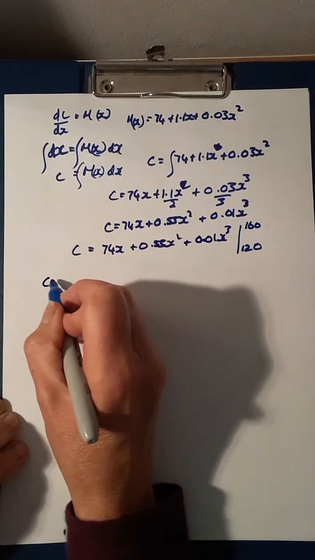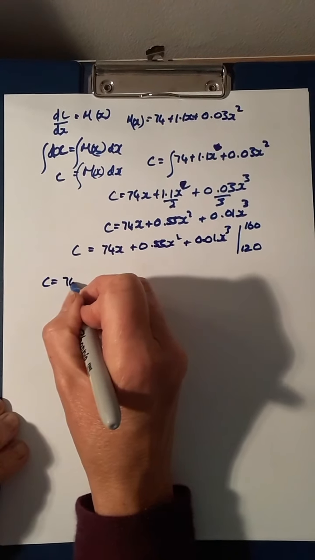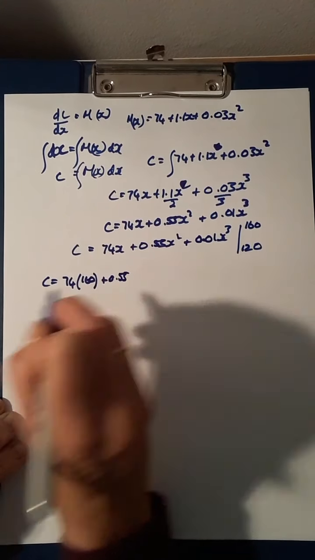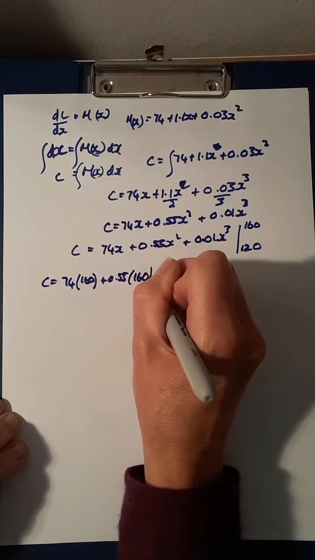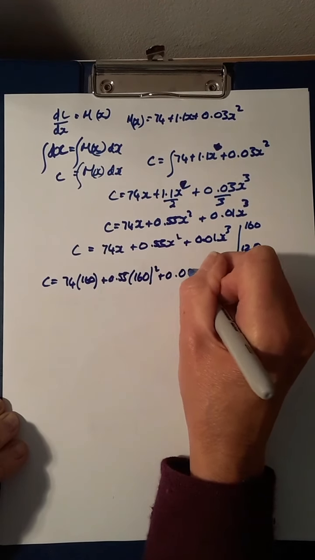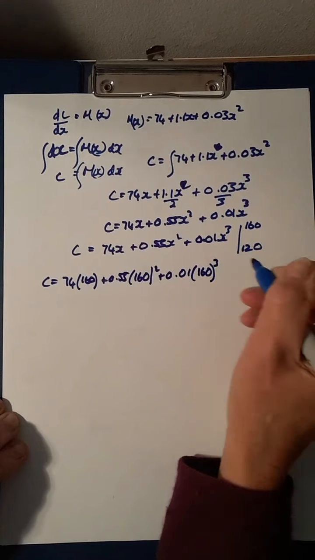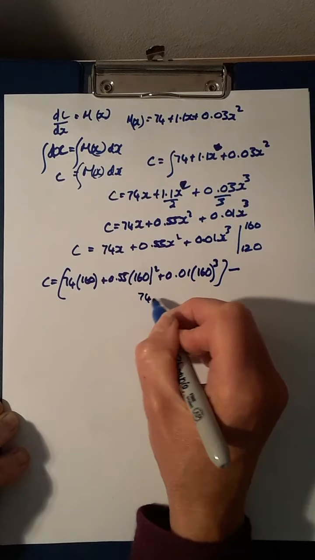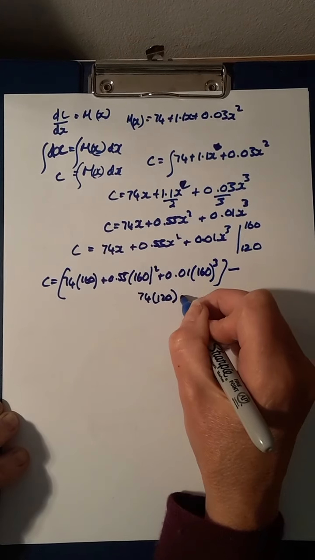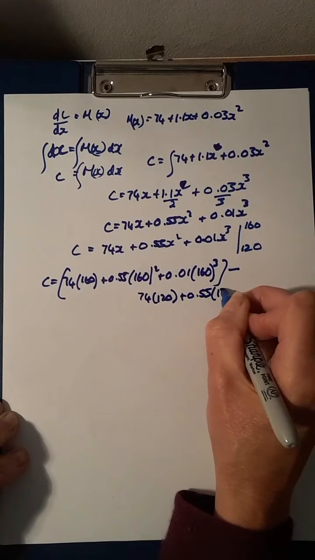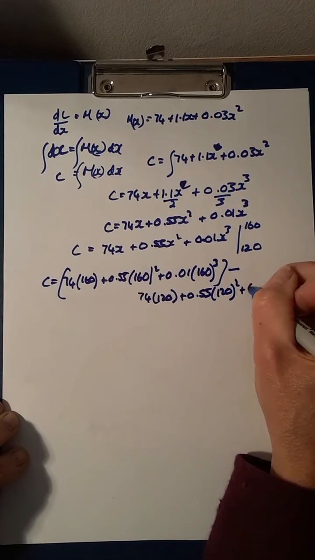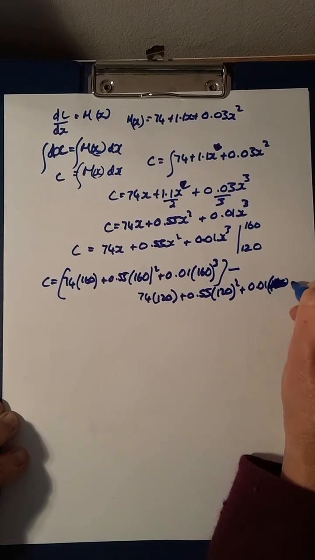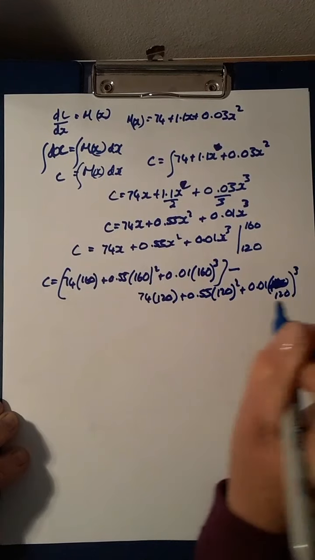So what will my cost function be? So here it is. It's going to be 74 times 160 plus 0.55 by 160 squared plus 0.01 by 160 cubed. And from that I will subtract 74 times 120 plus 0.55 by 120 squared plus 0.01 by 120 cubed.